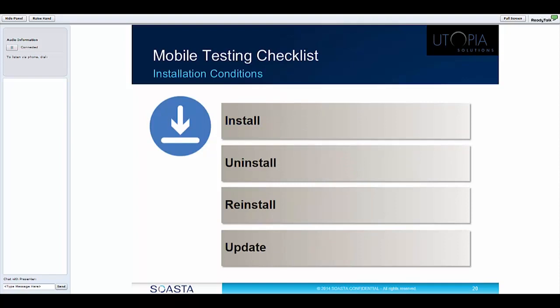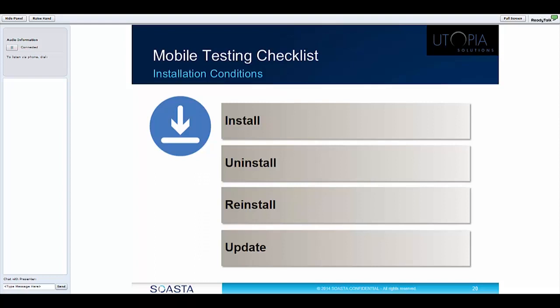Moving on to installation conditions, I think they're fairly self-explanatory, but we found lots of issues around incomplete testing for installation conditions. Depending on your audience, whether they're consumers or employees, corporate devices, or BYOD, the way you install and update your app will vary. And of course, the end user experience will vary whether the user is installing for the first time or updating.